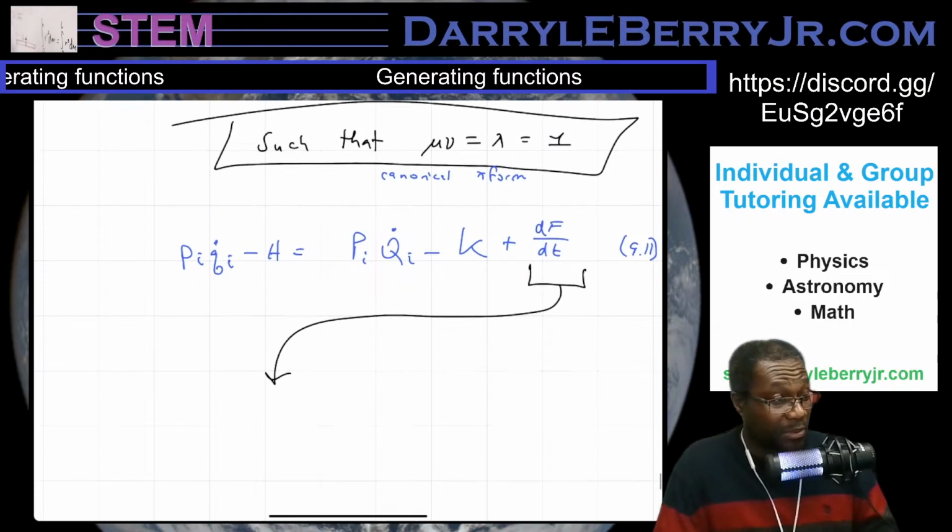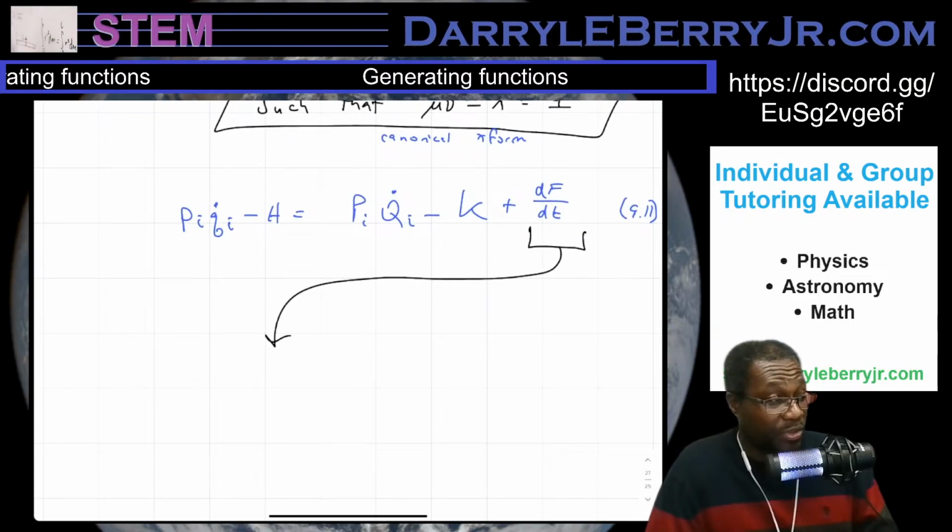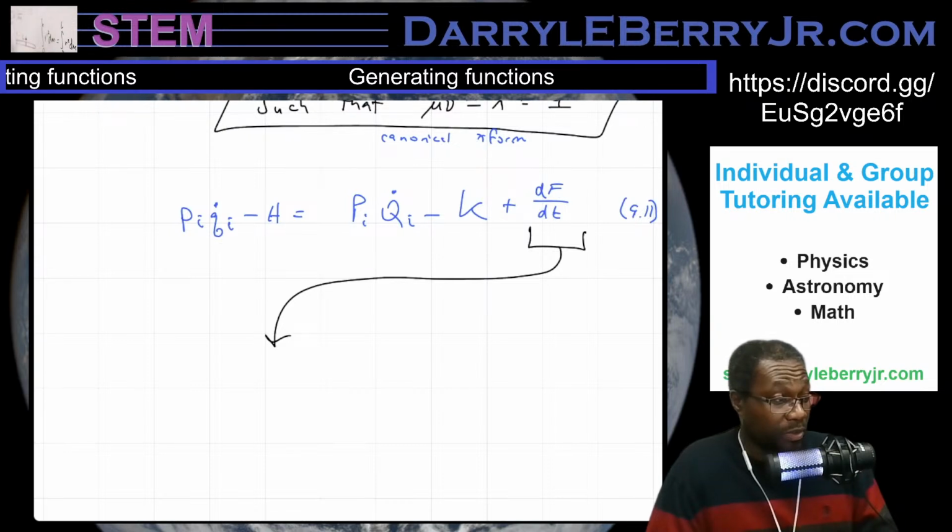This equation here, the last term on the right, contributes to the variation of the action integral only at the endpoints.